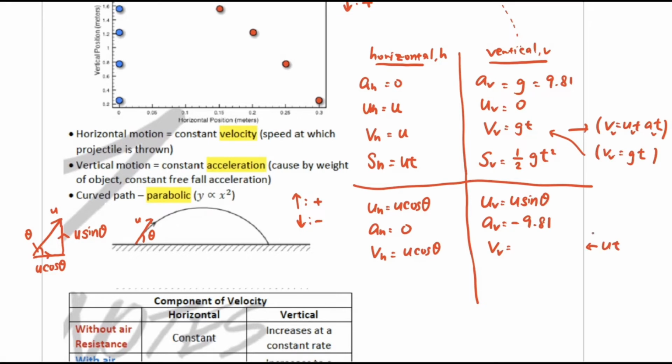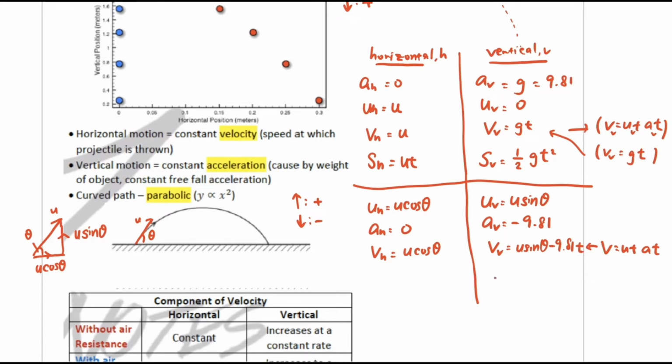v equal to u plus at, so the u is u sine theta, the a is negative 9.81, t.